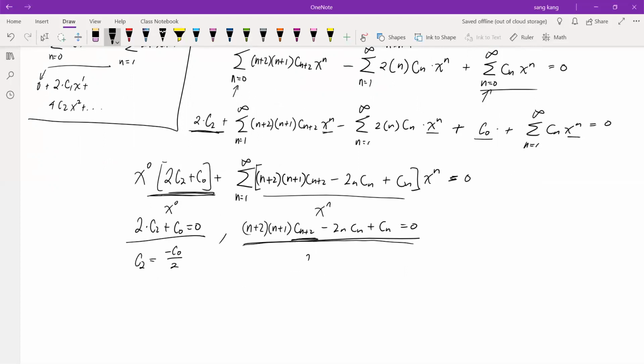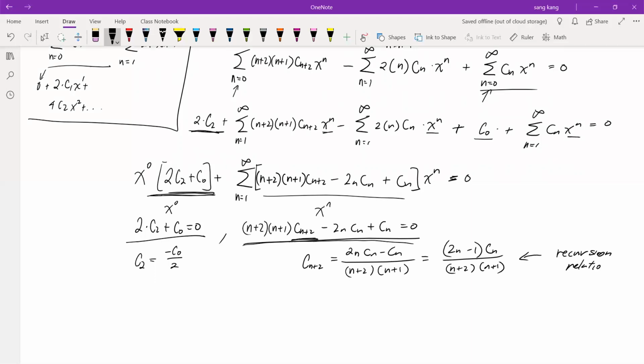So I'll get c_(n+2) equals (2n c_n minus c_n) over (n plus 2)(n plus 1), which I can simplify to (2n minus 1) c_n over (n plus 2)(n plus 1). Okay, so this is my recursion relation, which we can use to set up our table to find all of our coefficients, right?